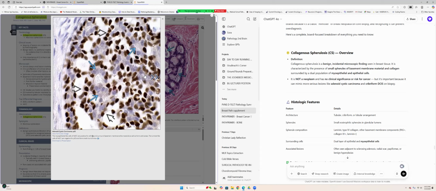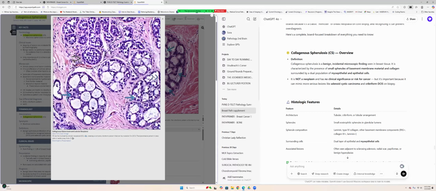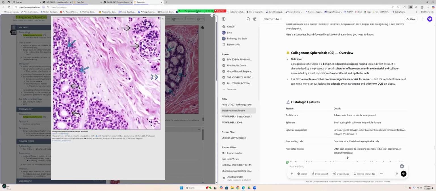I think the major challenge we have is differentiating adenoid cystic carcinoma from collagenous spherulosis. Collagenous spherulosis of lobular neoplasia creates a complex cribriform pattern that can be mistaken for DCIS. The discohesive pattern is best seen in areas away from the collagenous spherulosis. So it can complicate lobular neoplasia.